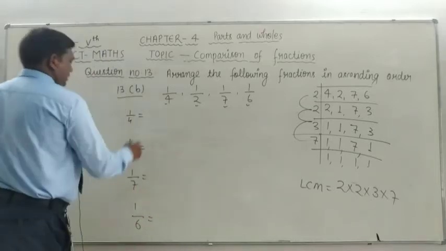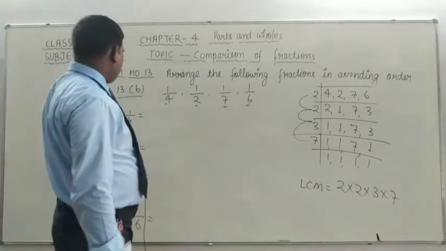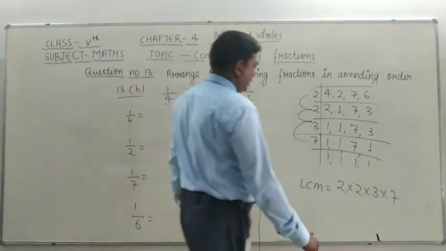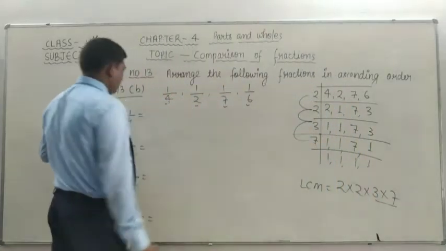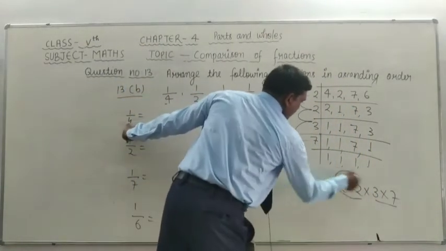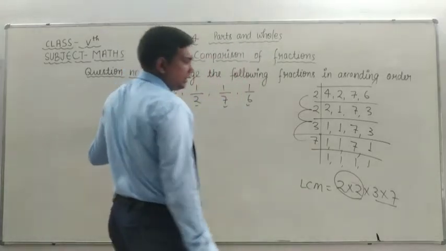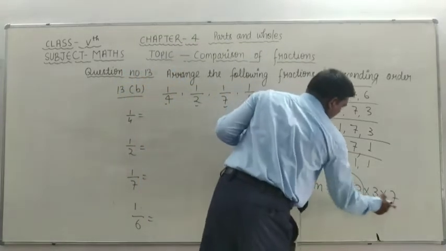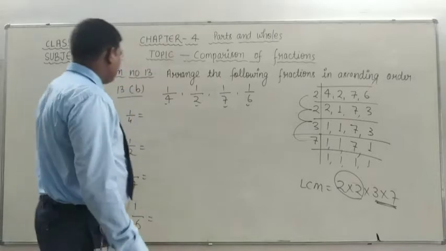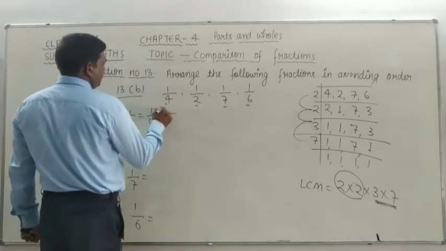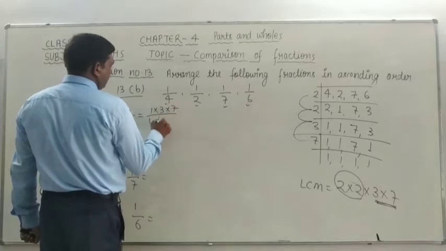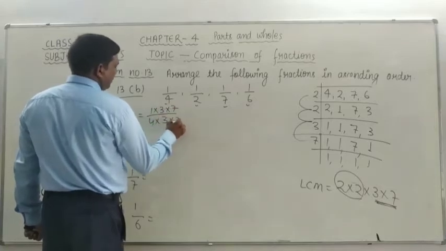Firstly we take the multiplication of 3 by 7 because for 4, 2 times 2 is 4 and the rest part is 3 multiplied by 7. Therefore we multiply 3 and 7 in numerator and denominator both.